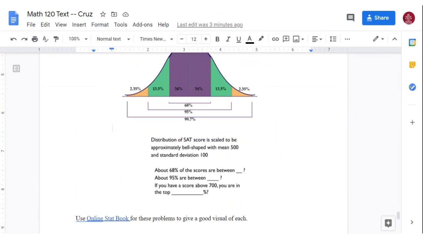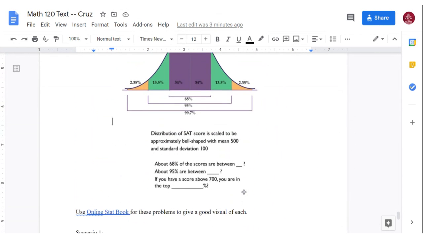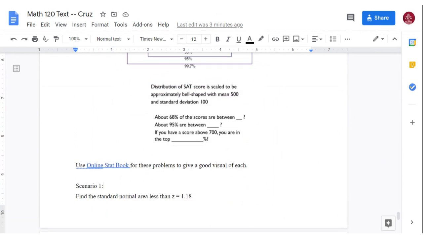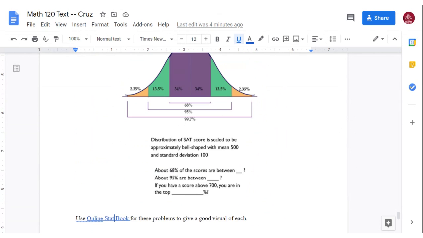So for example, all right, it says here, distribution of SAT scores is scaled to be approximately bell-shaped with a mean of 500 and a standard deviation of 100. So about 68% of scores are between what?